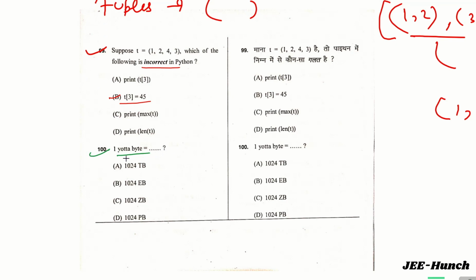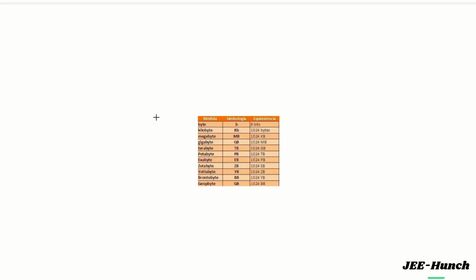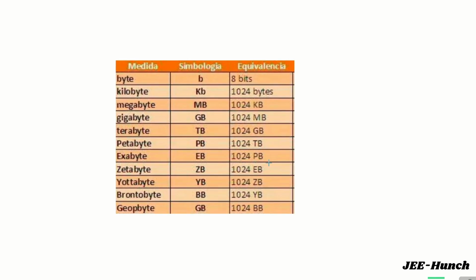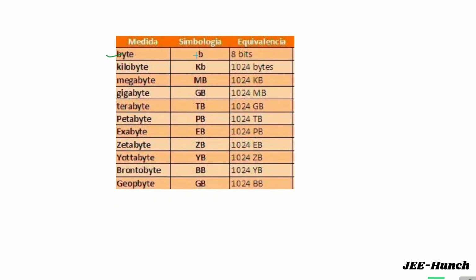Before solving this question, I'm going to show you a chart. You should remember this. 1 byte contains 8 bits, and 1 KB is equal to 1024 bytes. 1 MB contains 1024 KB. 1 GB contains 1024 MB. 1 TB contains 1024 GB. 1 PB, petabyte, contains 1024 TB, 1 EB, exabyte, contains 1024 PB, 1 zettabyte, ZB, contains 1024 EB, and similarly YB.